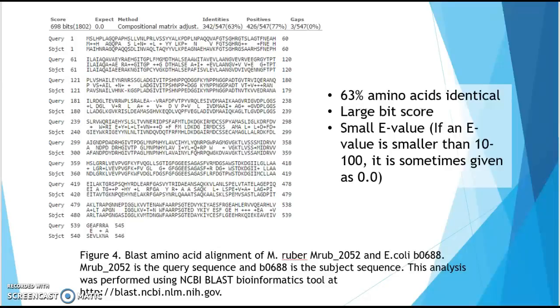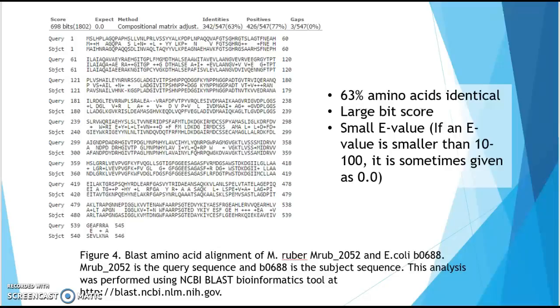As can be seen, 63% of the amino acids found in the proteins were identical to one another. And it can also be seen that there was a very large bit score of 698. What this large bit score means is that the sequences are very similar to one another. There's also a small e-value represented by 0.0.